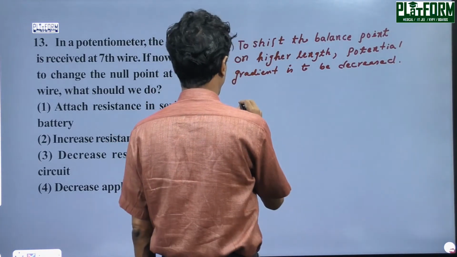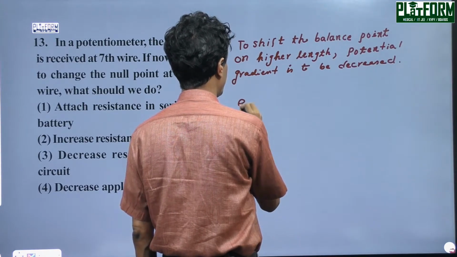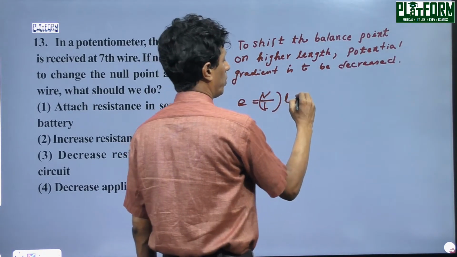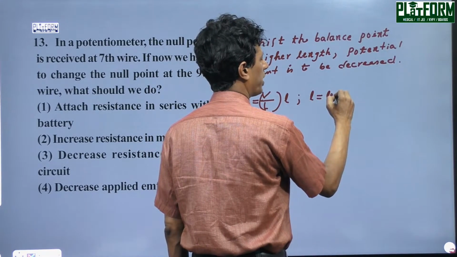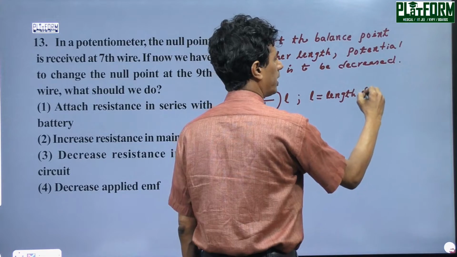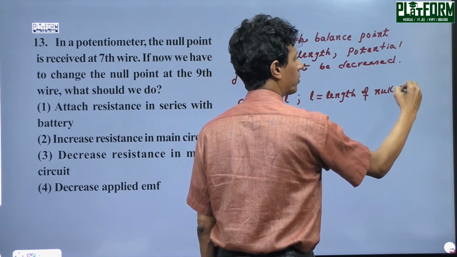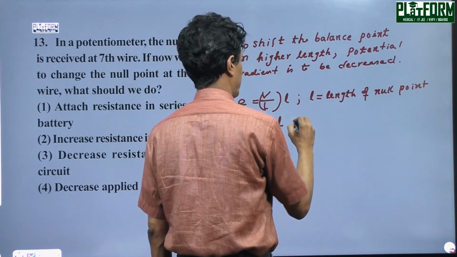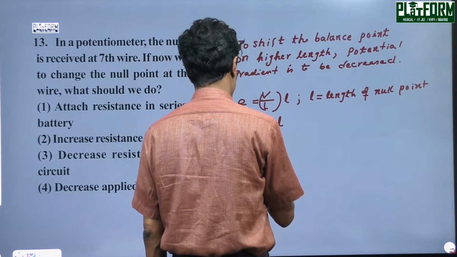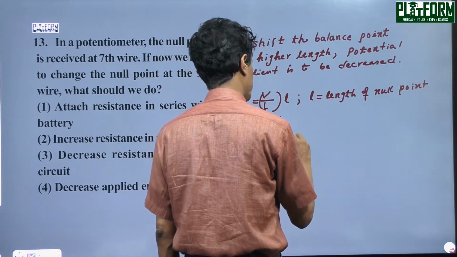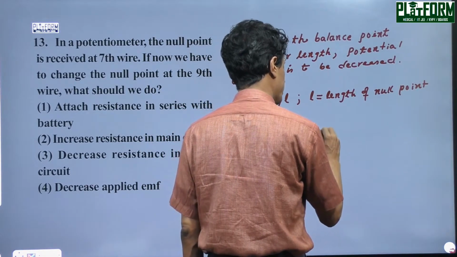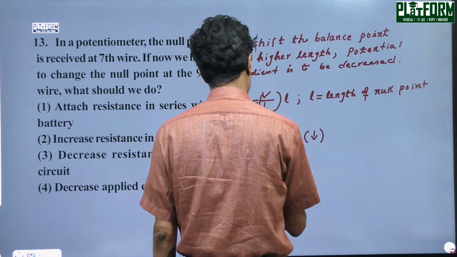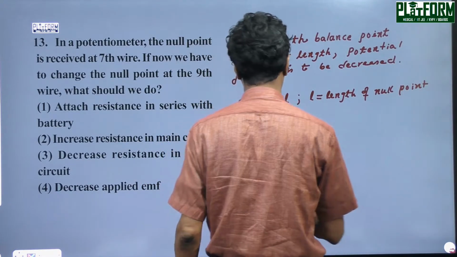We know in potentiometer wire, to balance the cell of EMF E, it is equal to V by L into l, where l is the length of null point, and it is K. If we want to increase the balance point, the potential gradient has to be decreased, and we know K equal to V by L, V by total length of potentiometer wire.